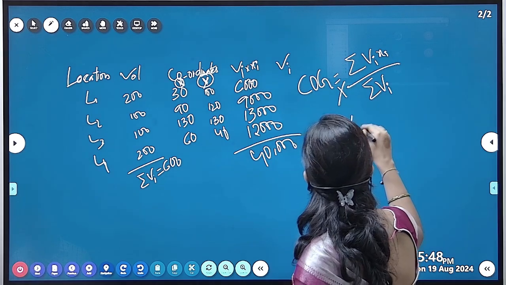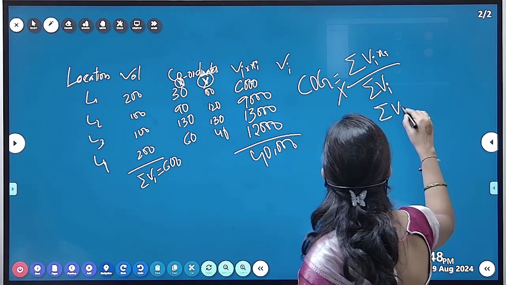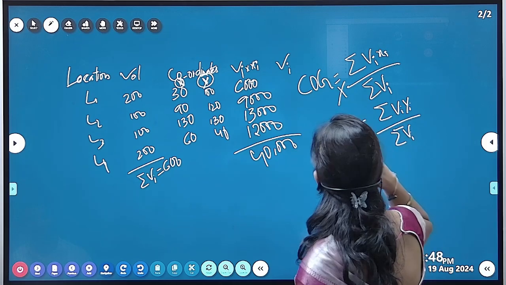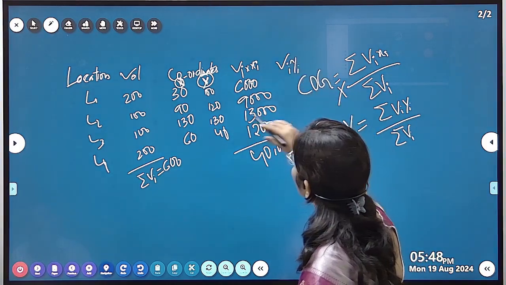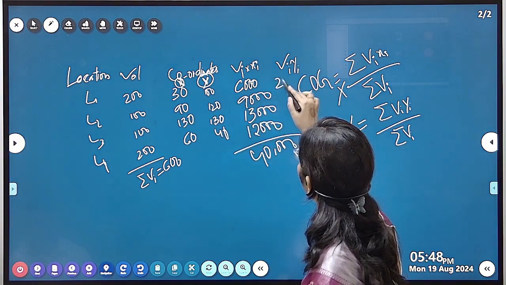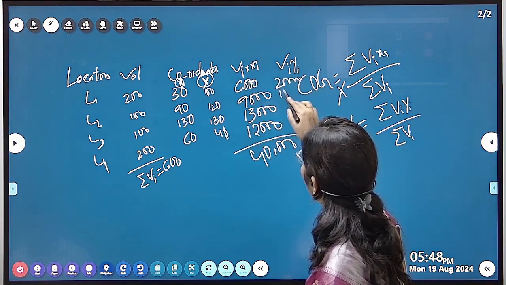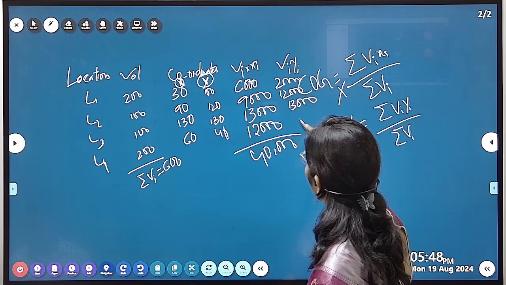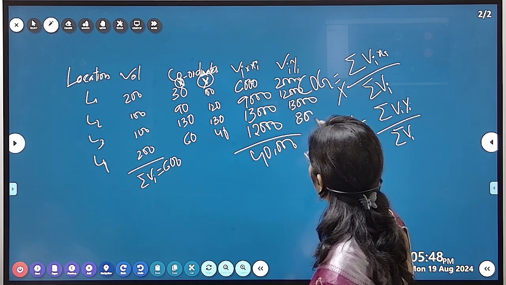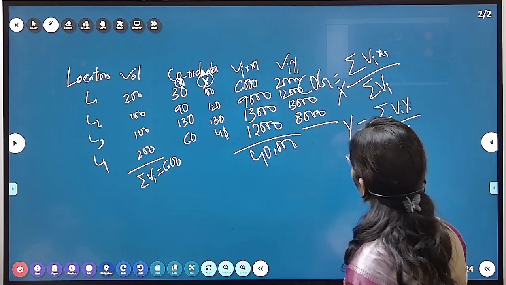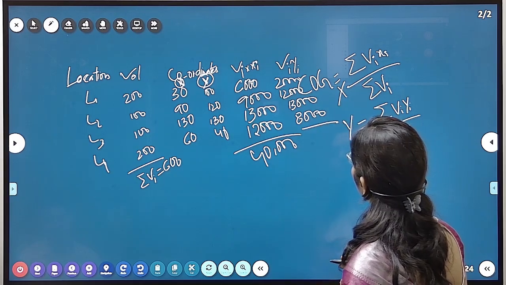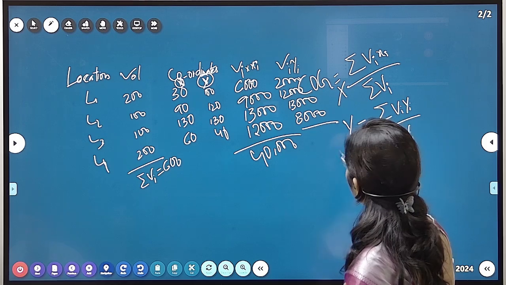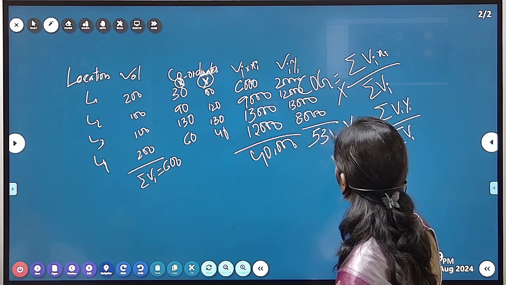So what is the Y part? Summation of Vi into Yi divided by summation Vi. So what is Vi into Yi? 200 into 100, 20,000. 100 into 120, 12,000. And 100 into 130, 13,000. 200 into 40, 8,000. So what's the total? 12, 20, 32, 32 plus 13, 45, 53, right?